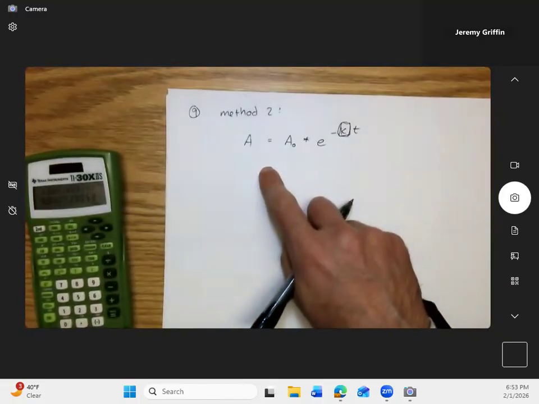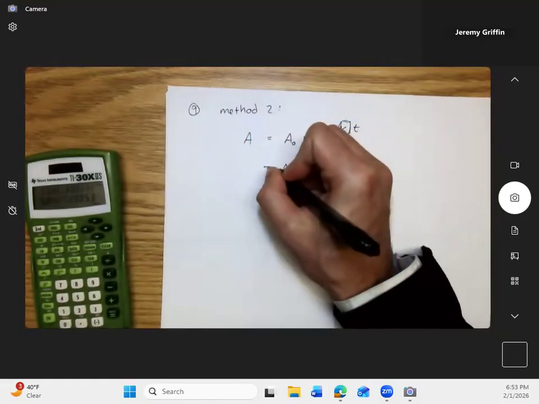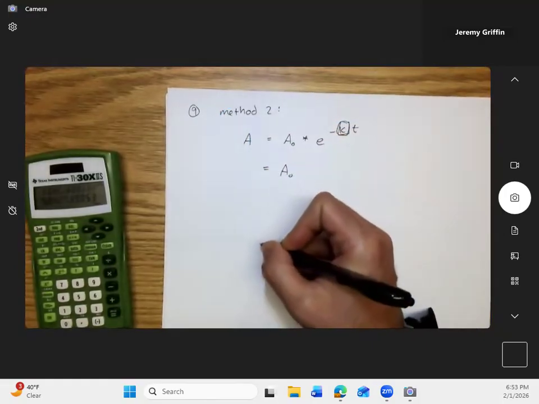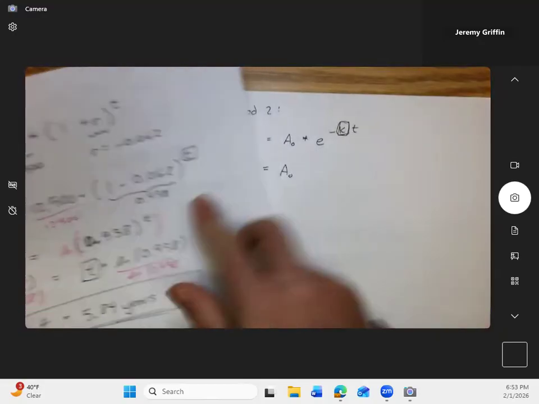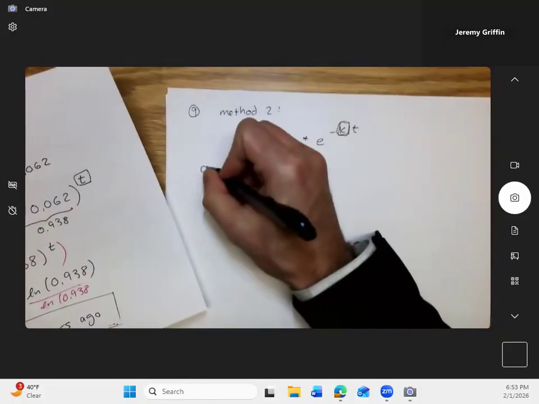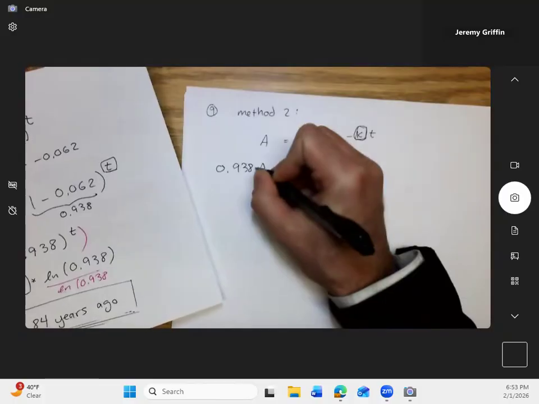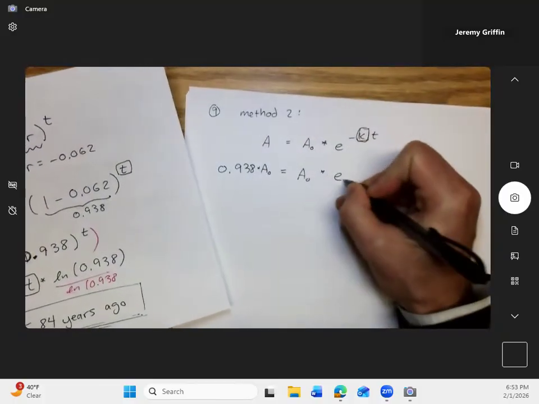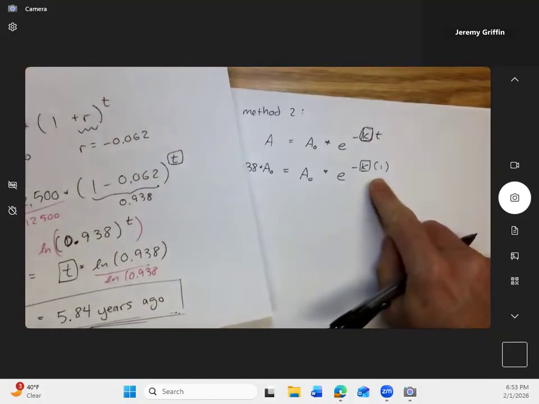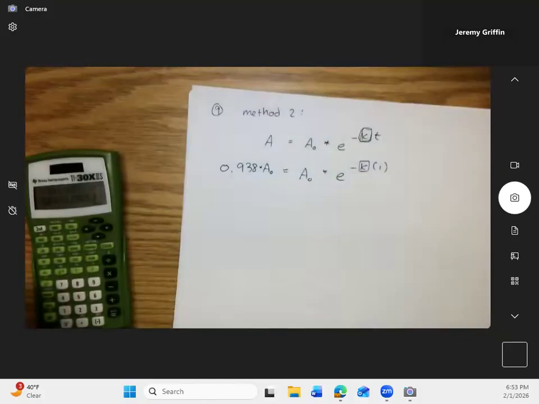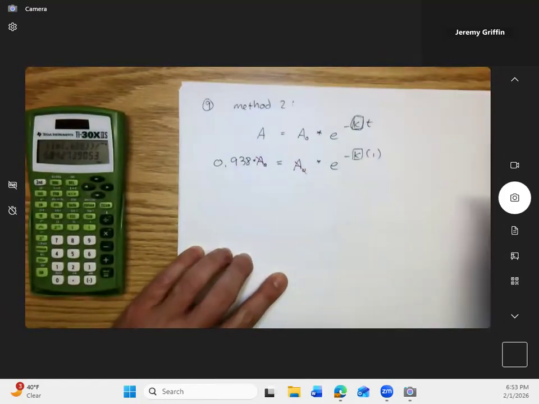So let me solve this after 1 year, because I know that whatever the original value was, after 1 year, it is only worth 0.938 times the original amount. That's if I plug in 1 year for t. It'll go down to 93.8% of its original value, which means I can solve for k.